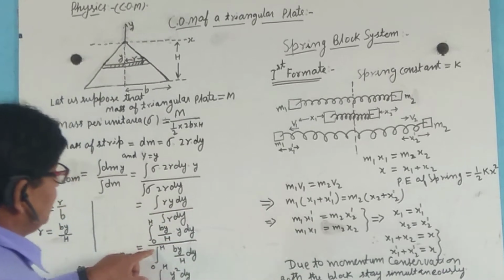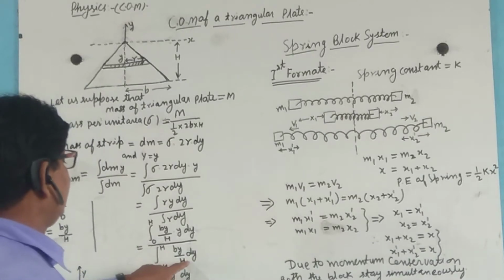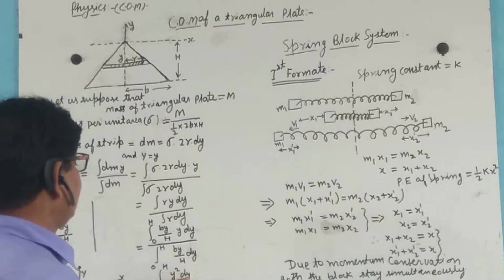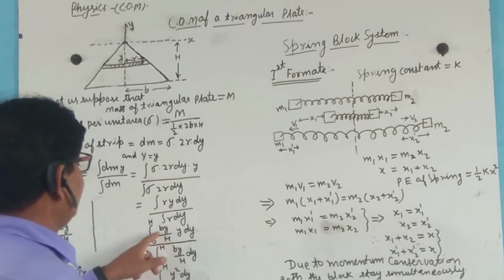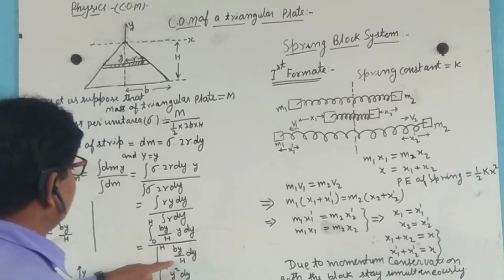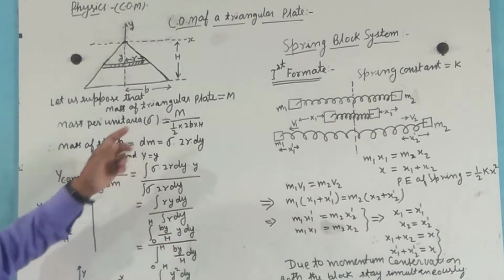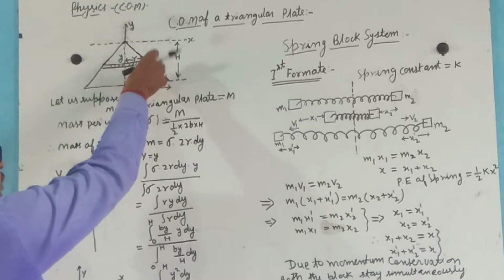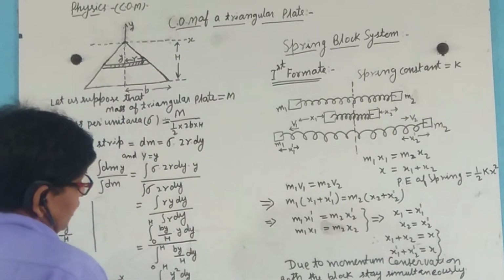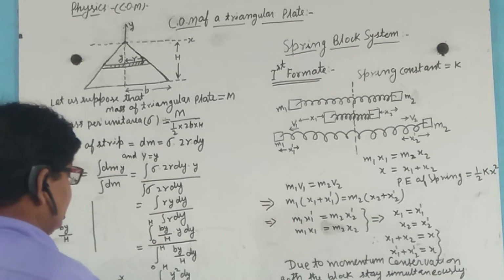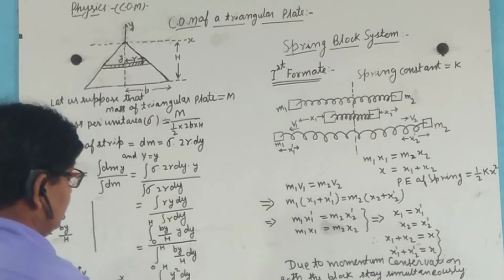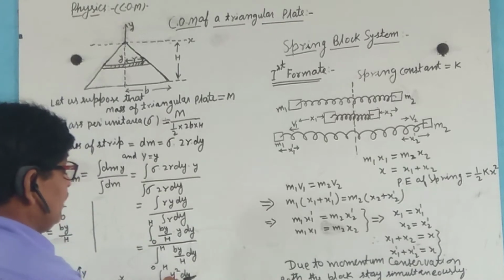The b by h and b by h cancel here, since b is a constant term. So we have the integration from 0 to h of y square dy divided by the integration from 0 to h of y dy.